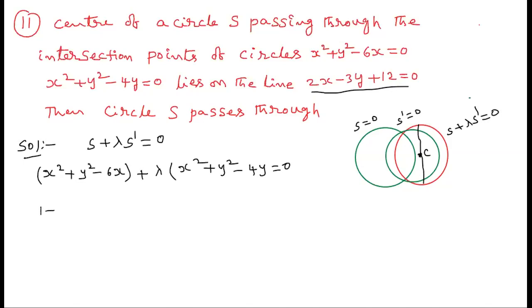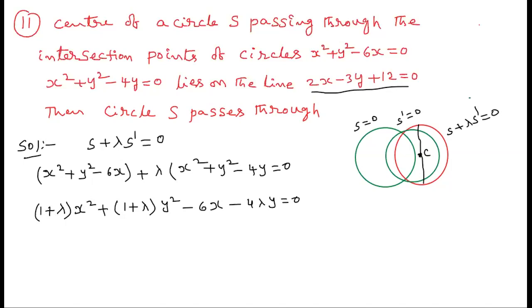Take x square common, we get 1 plus lambda into x square. Next, y square terms, same like that, 1 plus lambda into y square. Next, minus 6x minus 4 lambda into y, that is equal to 0.